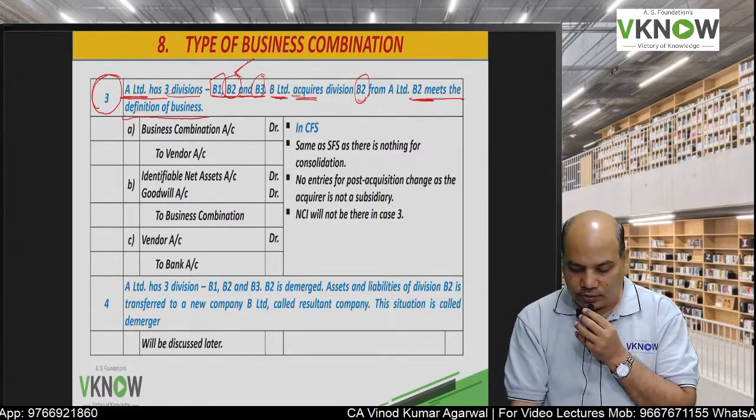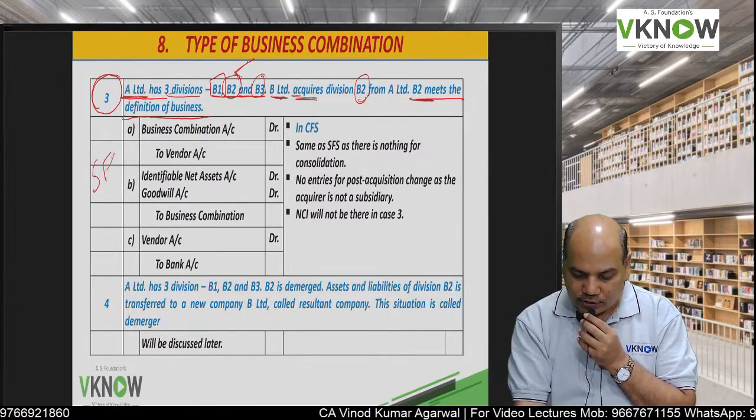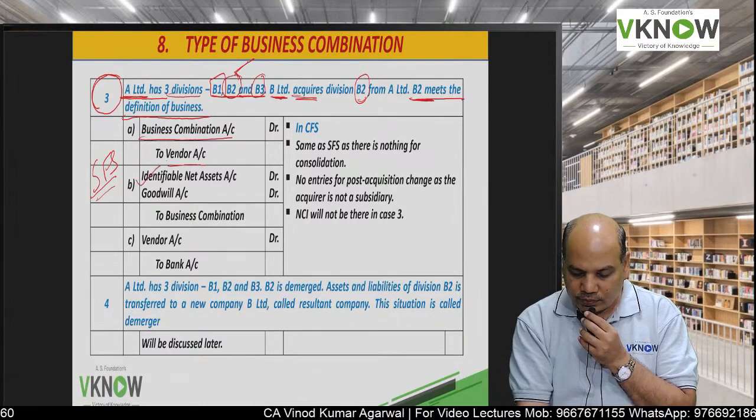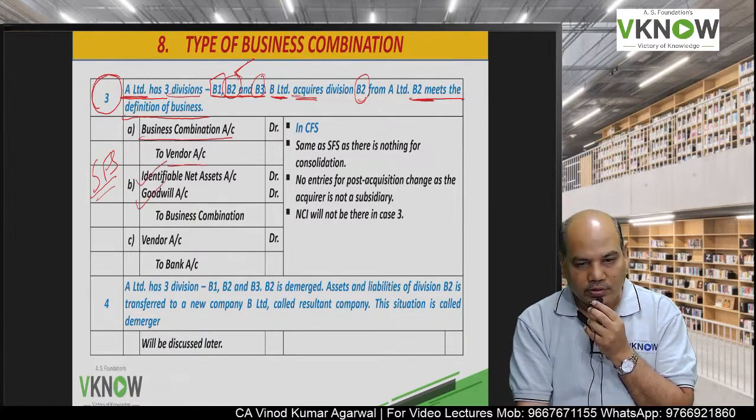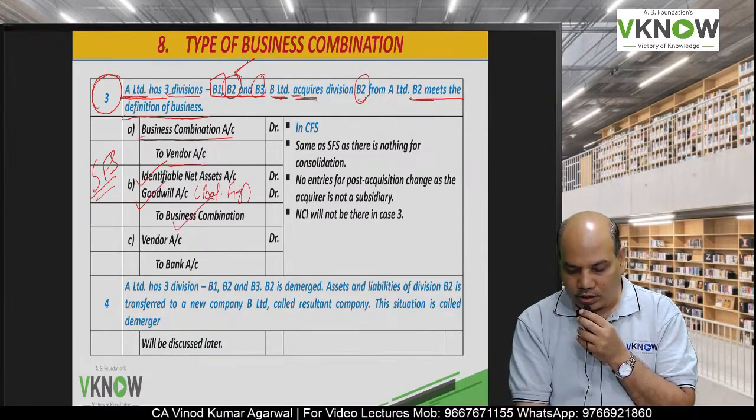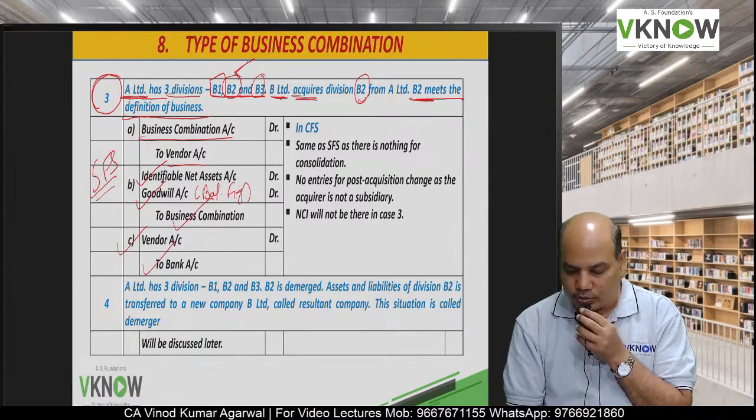So in that case, the entry in SFS will be same: business combination to vendor, identifiable net asset, goodwill account debit balancing figure to business combination, and make the payment with vendor account debit to bank.